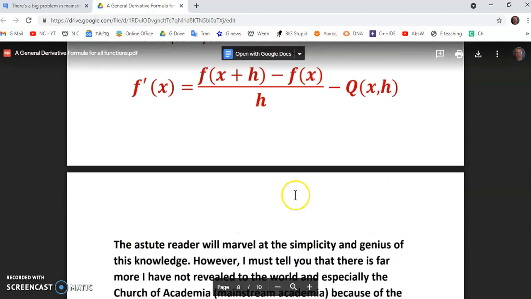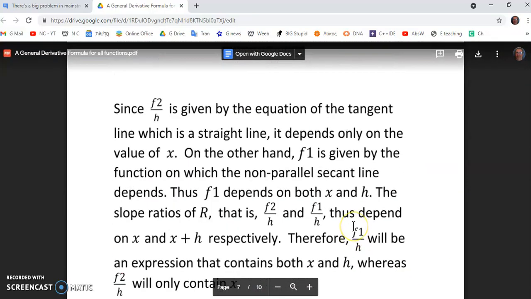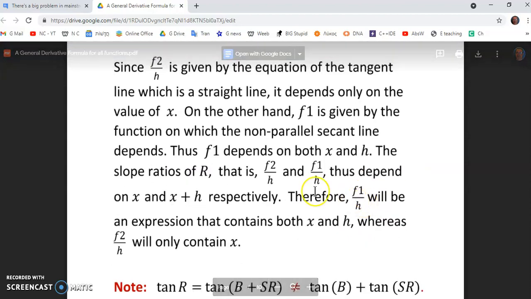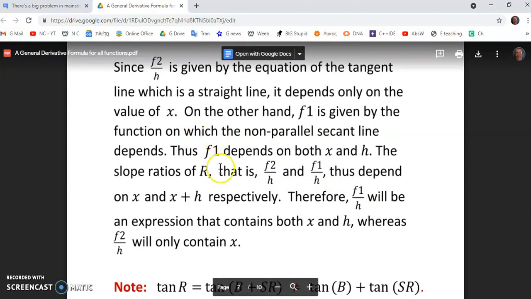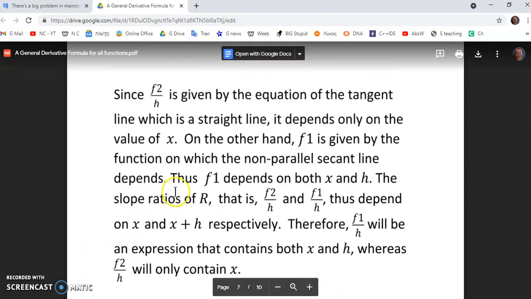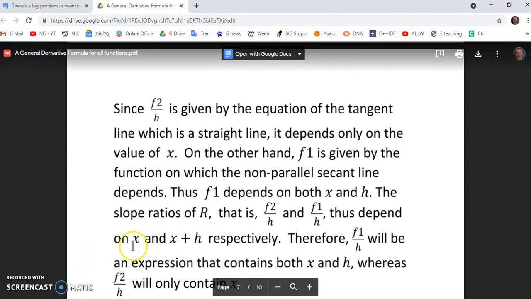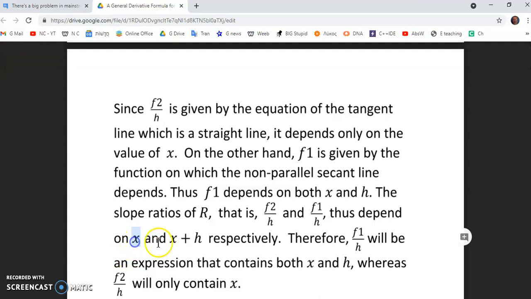So now, how do we know that f prime of x and q of x h are respectively equal to f1 over h and f2 over h? And how do we know that only f2 over h contains an expression in x and f1 over h is x plus h?